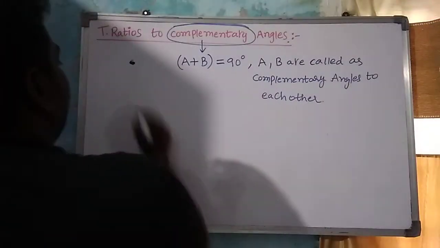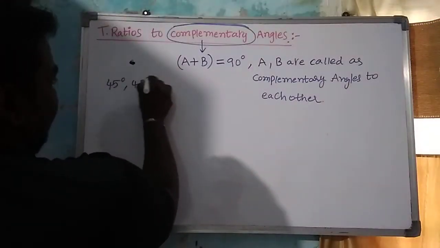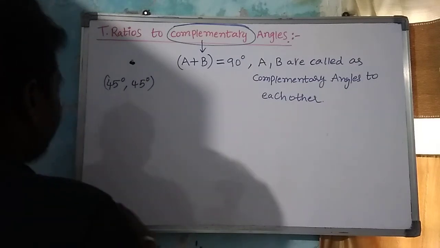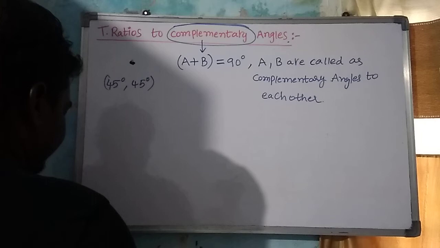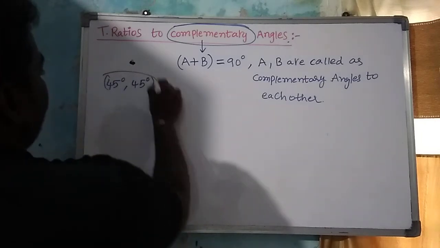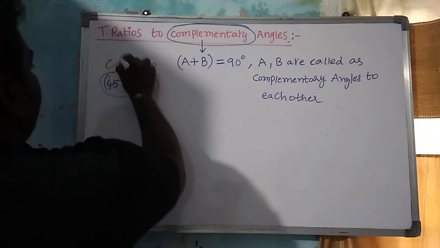Examples: if 45 is one angle and 45 is another angle, these angles are called complementary angles to each other. The total sums to 90, right? So these are complementary angles.